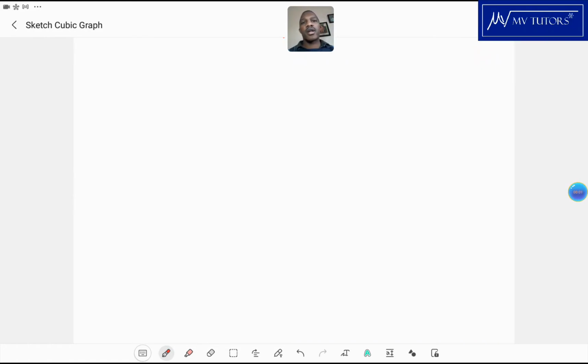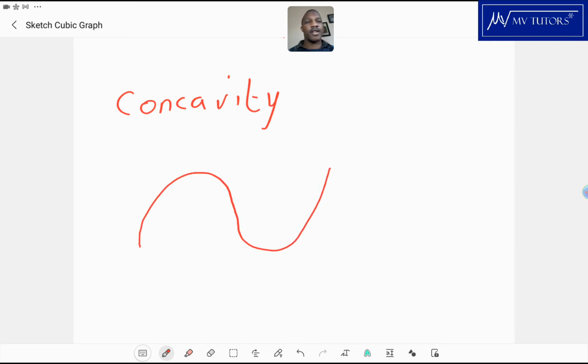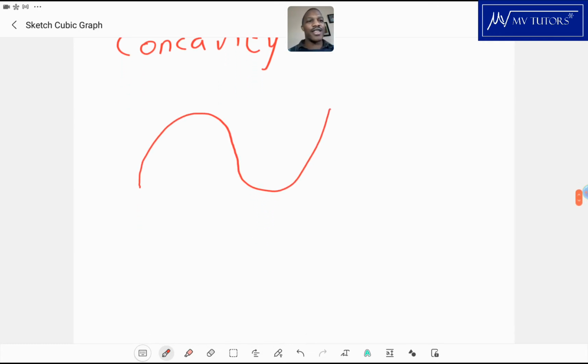So the last part that I want to discuss is the concavity of the graph. Now let's take a positive graph. Started out sad, but it ends up smiling at the end. Now when the graph is sad, we call it concave down.